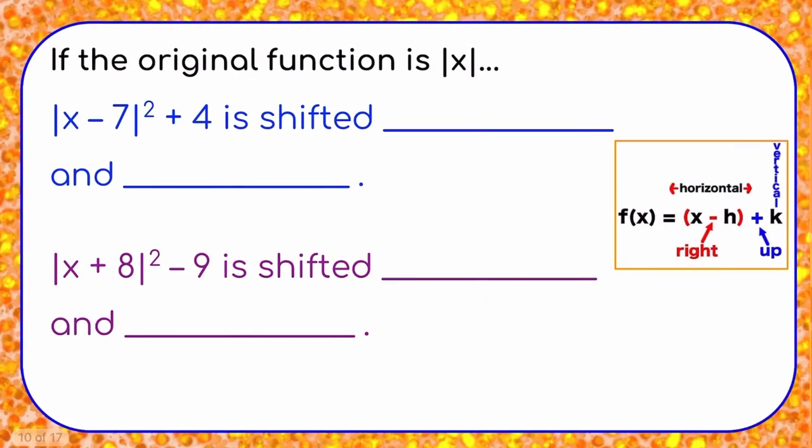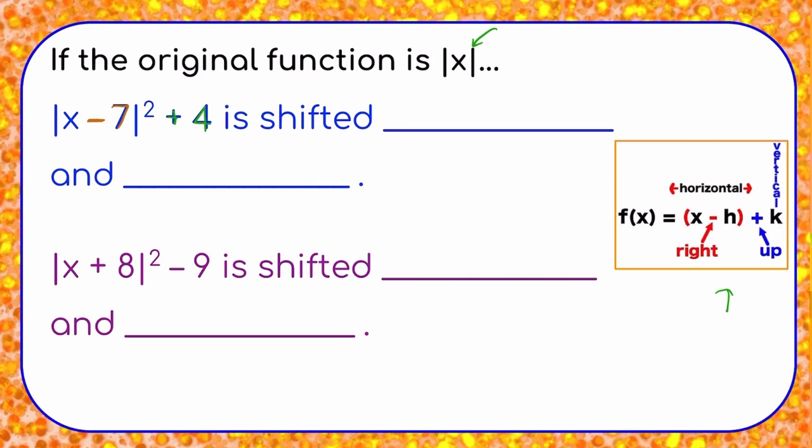If the original function is absolute value of x, this is gonna have two different shifts because we have two numbers here. We not only have a -7, we also have a +4. I know these don't look like parentheses, but we're gonna consider the absolute value bars to be kind of like parentheses. All right, so this first one looks a lot like my cheat sheet actually. Let's start with the -7.